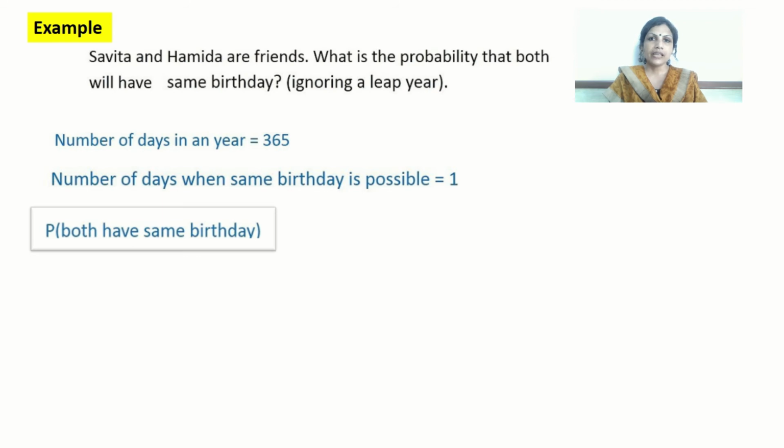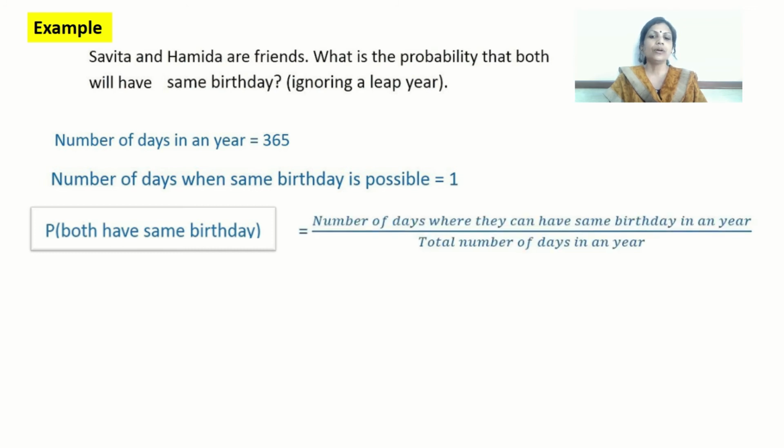And the number of days when the same birthday is possible is 1. So out of 365 days, 1 day is the possible outcome wherein they will have their birthday. So the probability that both will have the same birthday is equal to the number of days where they can have the same birthday in a year, and that is only one.